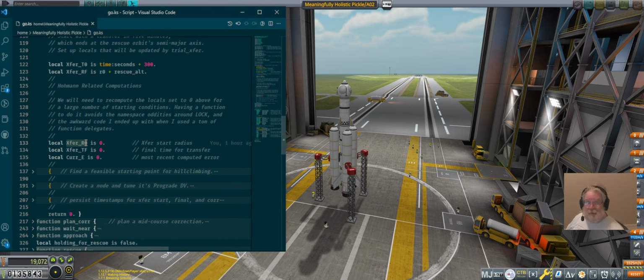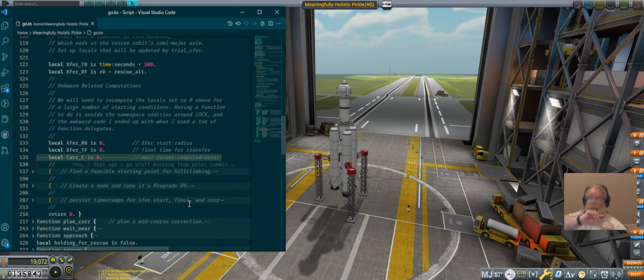We're close, but we're not circular. The other thing that we're going to want to calculate is the ending time of the transfer, which is the start time of the transfer plus half of its period. That period is going to change depending on our start altitude and on our end, but we're going to hold our end constant for this process. And the other thing we're going to want to calculate is our total computed error.